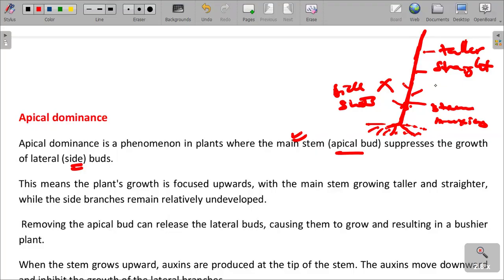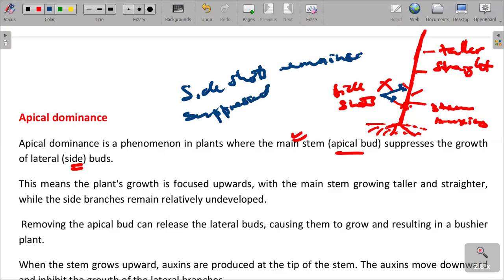The side shoots remain relatively underdeveloped. If I show you these side shoots here, they remain suppressed, they remain underdeveloped.